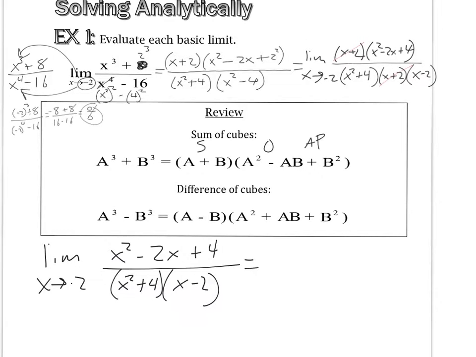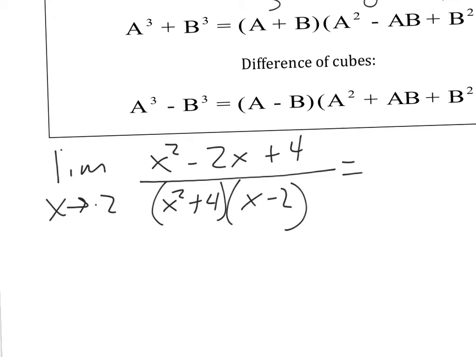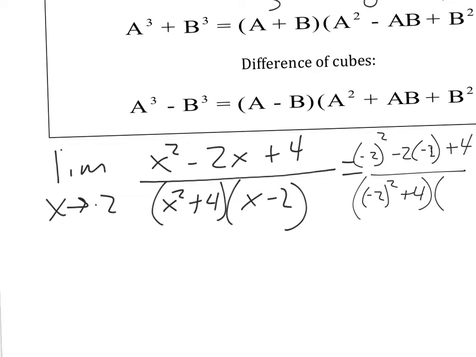And now let's go ahead and use direct substitution. Now that we've canceled out a factor, we might be able to go ahead and use direct substitution. So if I plug in a -2, I would get -2 squared minus 2 times negative 2 plus 4, that's a 2, over negative 2 squared plus 4, negative 2 minus 2.